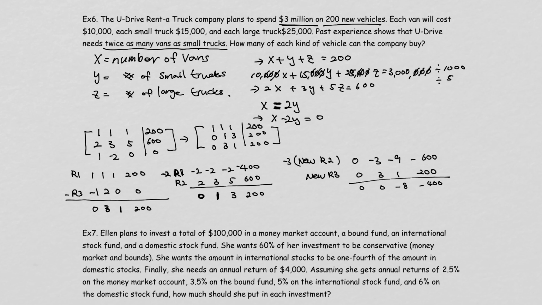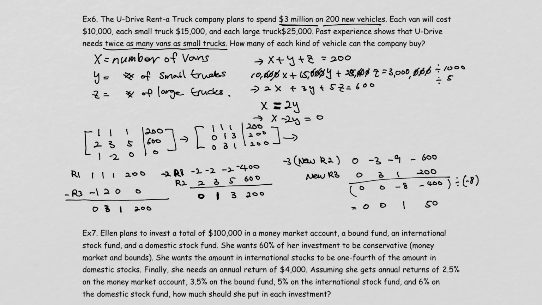And in order to find the solution, you need to divide everything by -8. So I will have the third column 1, right? So it will give you 0, 0, 1, and 50.